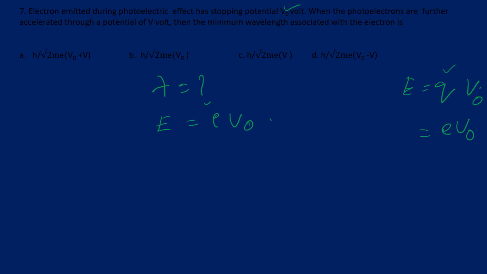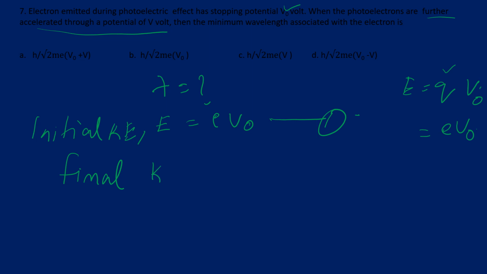Energy means kinetic energy, so this is the initial kinetic energy. When the photoelectrons are further accelerated through a potential of V volt, the final kinetic energy changes to e into (V0 plus V).